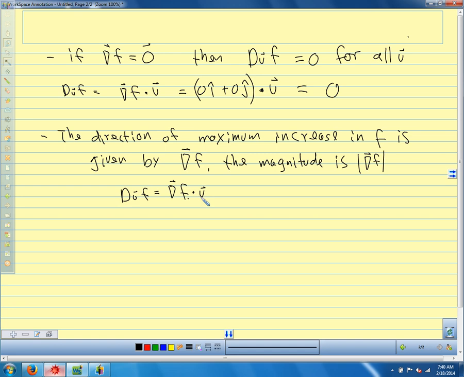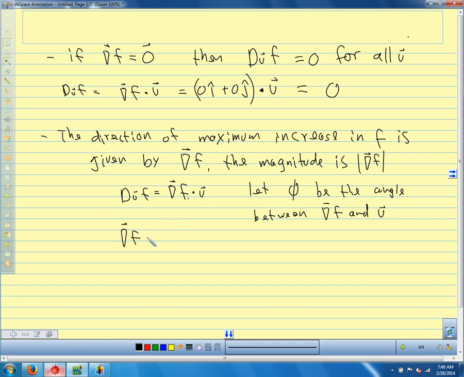And if we let the angle between the gradient and our unit vector be phi, so that's our angle, we can write our directional derivative del f dot u.